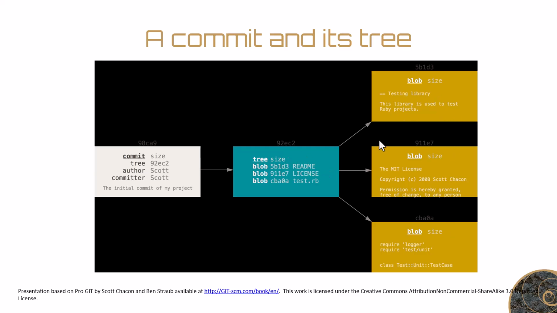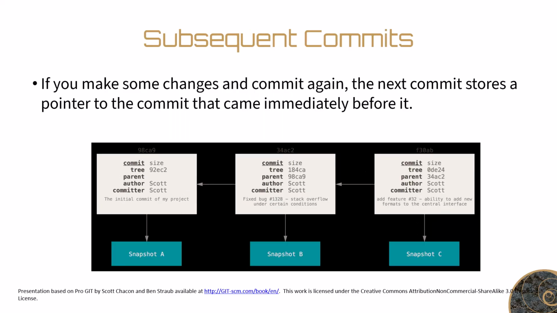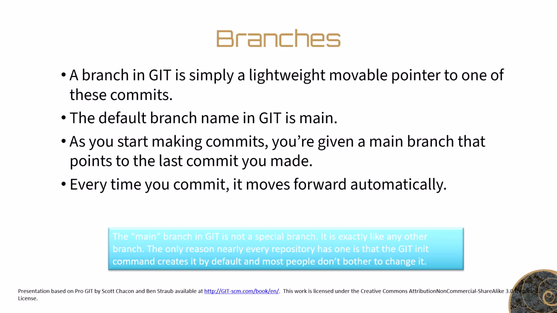The tree is pointing to each one of those, and then the commit is pointing to the tree. As you go along and make new commits, each commit stores a pointer to the commit that came before it. So here you have snapshot A. Snapshot B points to its predecessor, and snapshot C points to its predecessor.